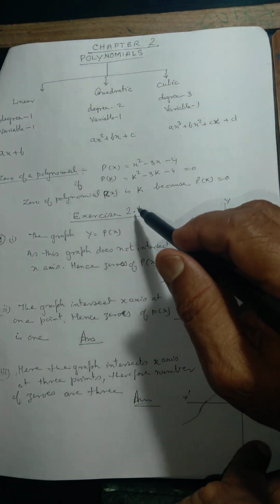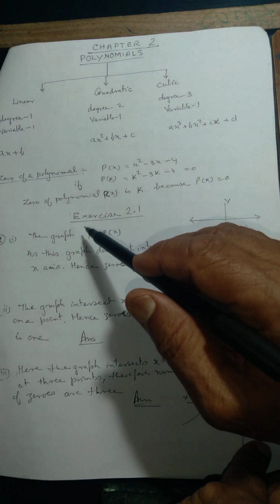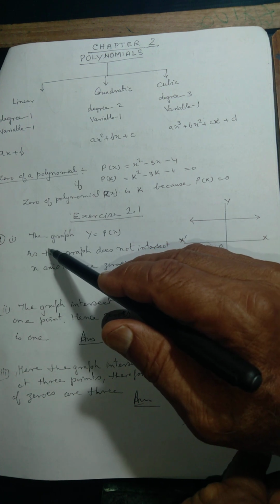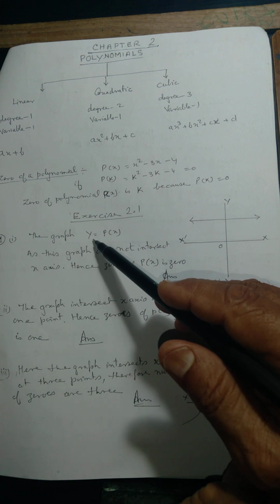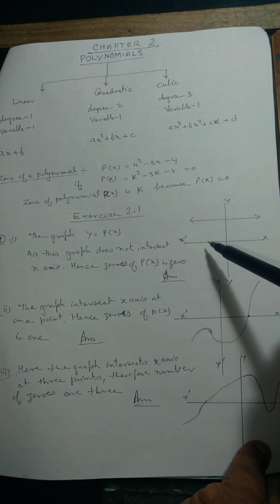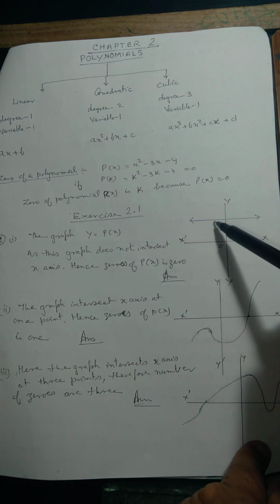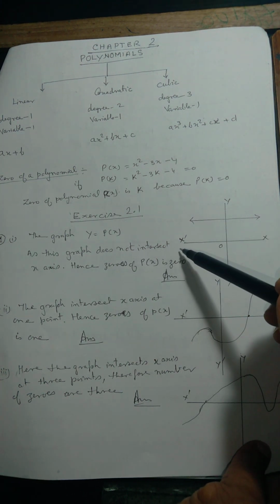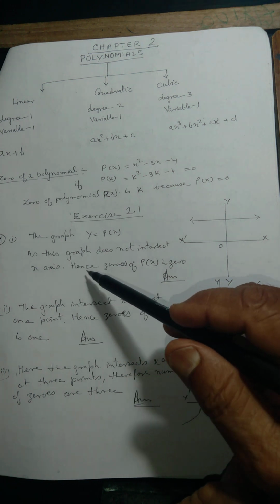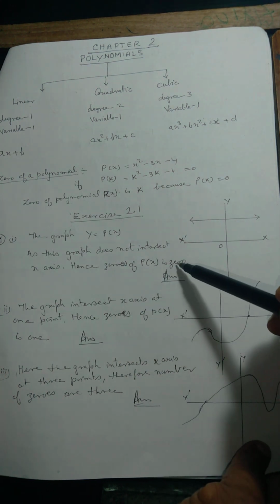Let us go to the exercise 2.1. You see the 2.1 question number 1, the graph y is equal to p(x). The graph is given here. You see this line. As this graph does not intersect x-axis, hence the zero of p(x) is 0.